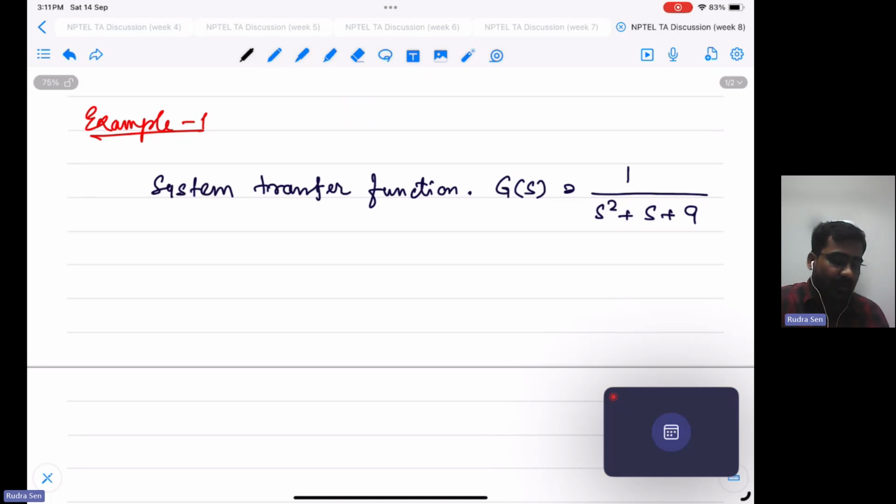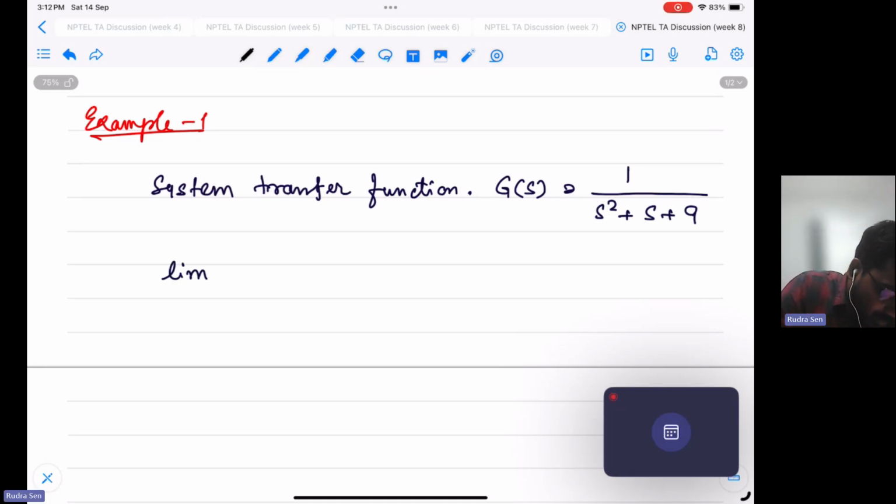The first thing that we check is at steady state where my system will go. So what is the steady state formula?